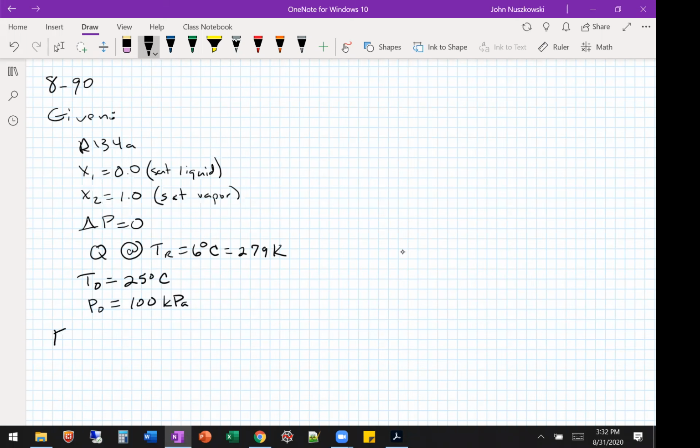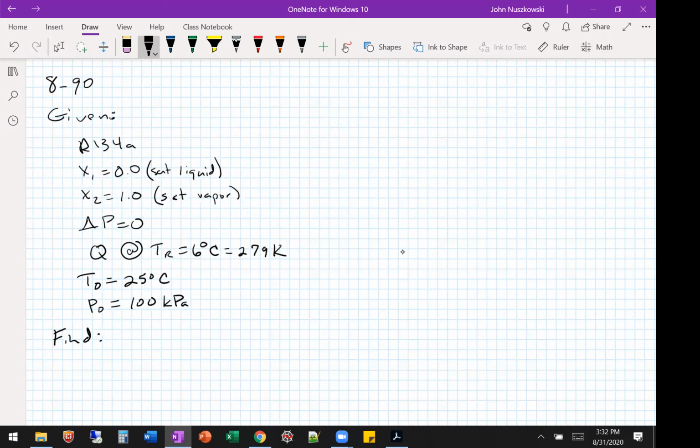Want us to find, from a second law point of view, is it more effective to do this phase change at 100 kPa or 180 kPa?